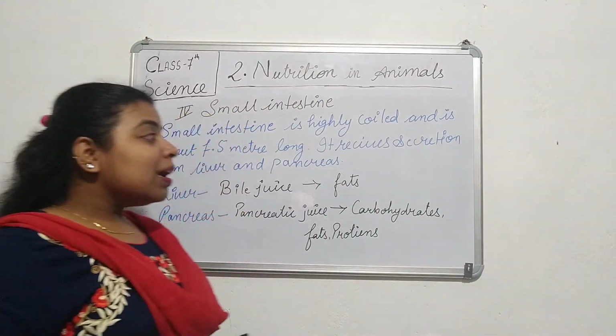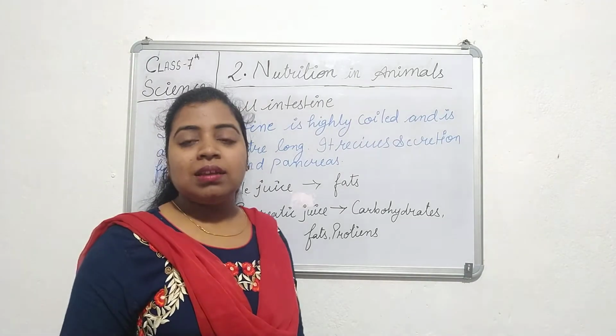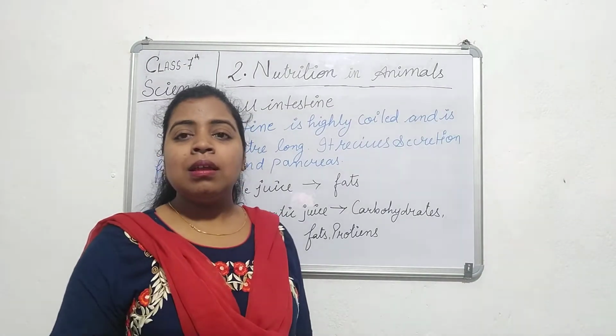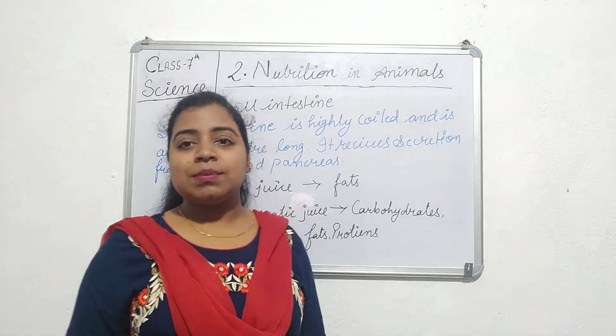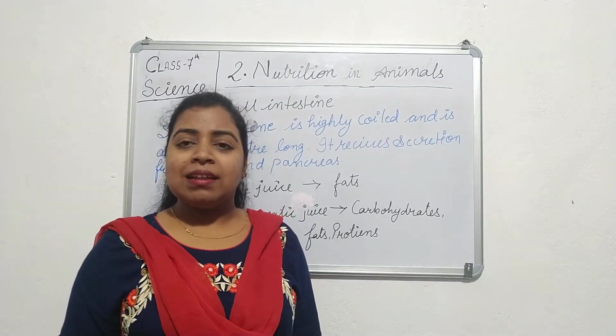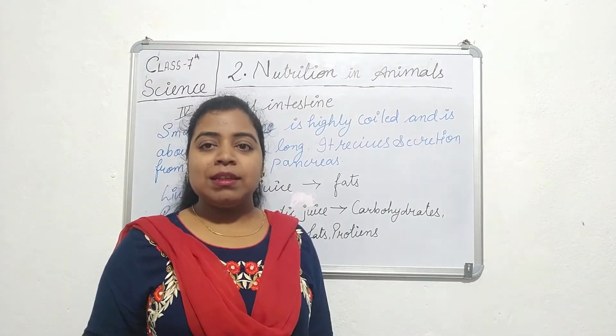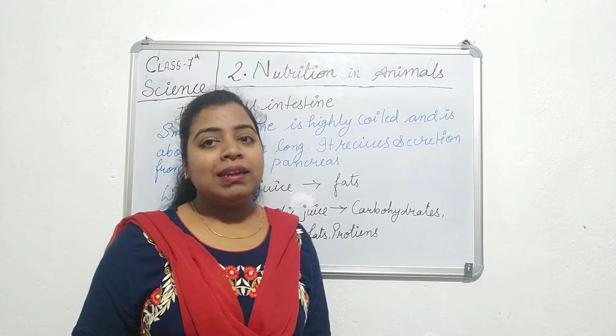Intestinal juice also secretes in the small intestine, which helps in breaking down complex substances into simpler substances, and then the final digestion of food takes place in the small intestine.